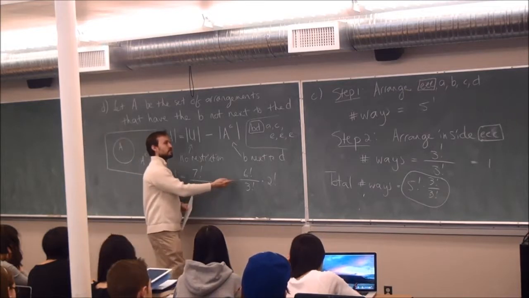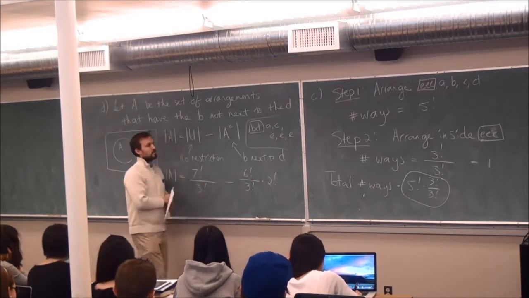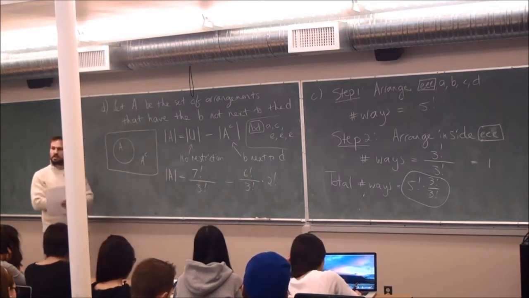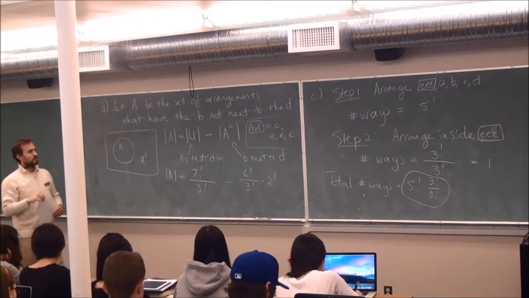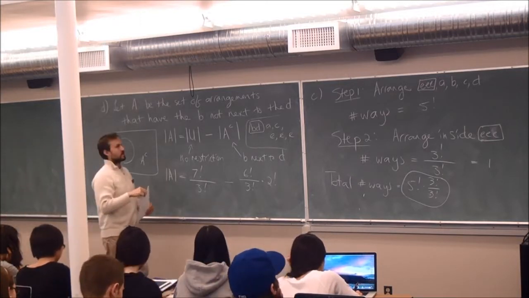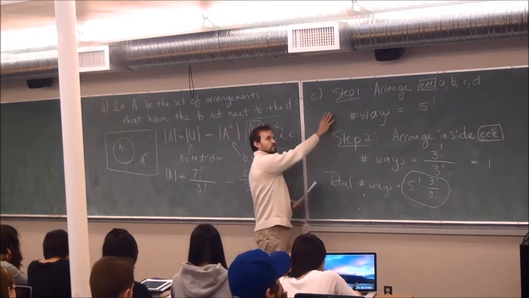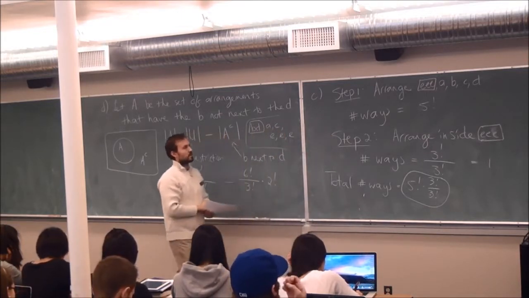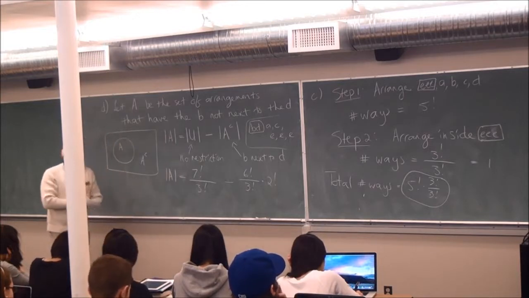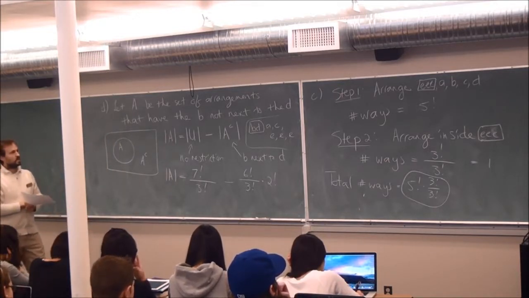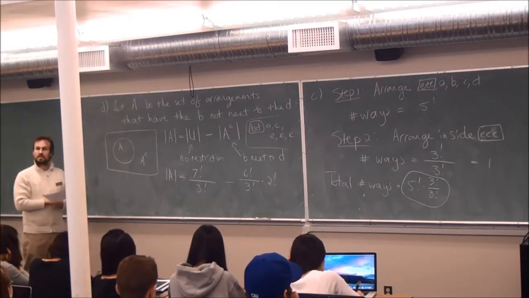So be careful to jump to this before you're perfectly clear on what the steps are. We have more than enough time in any test or anything that there's always time to write everything out clearly so that you're always aware of what you're doing. Any questions on number B?